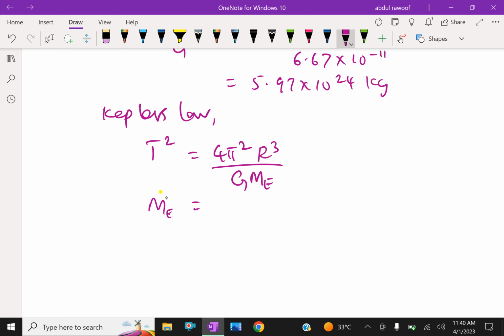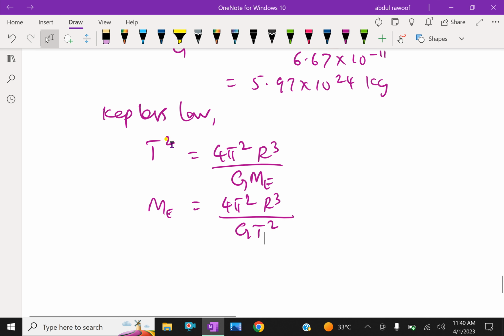ME equals, by cross multiplying, 4π² R cube over G T squared. That means T squared comes here and G ME goes to that side.